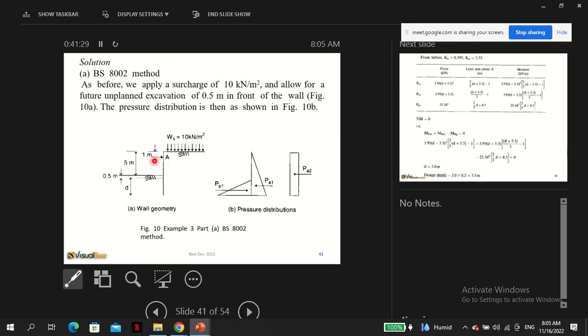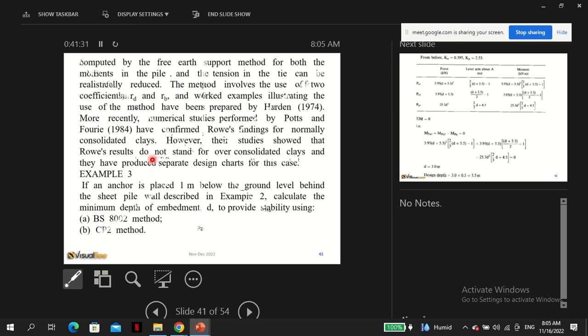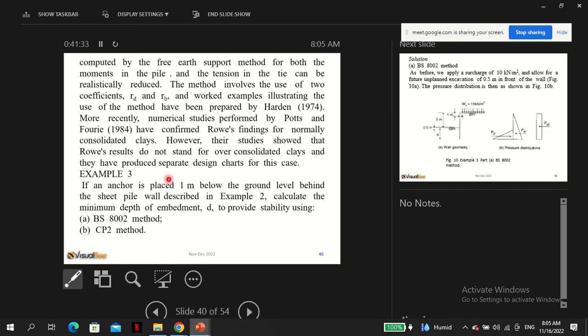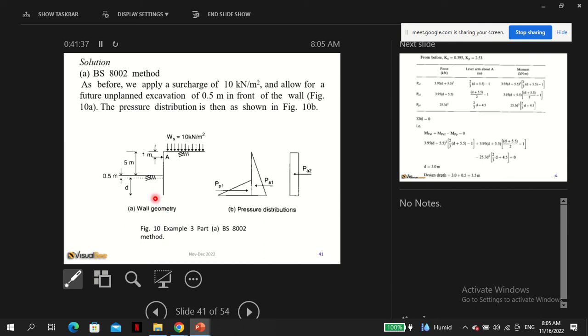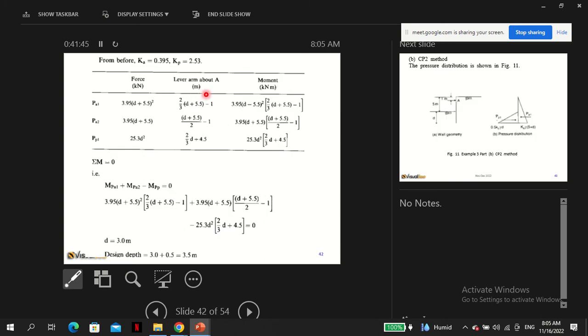In this method, we place an anchor 1 meter down. So what happens with that is you take moments at the anchor, all right? So that's why you see the lever arm and subtract 1.